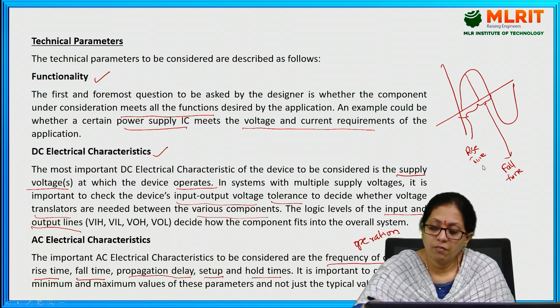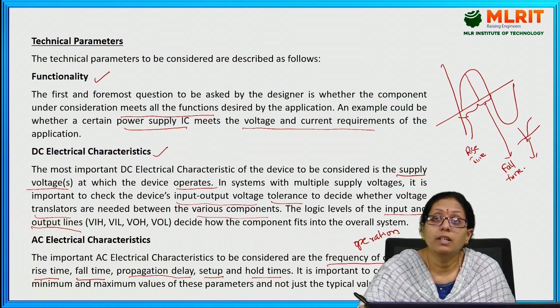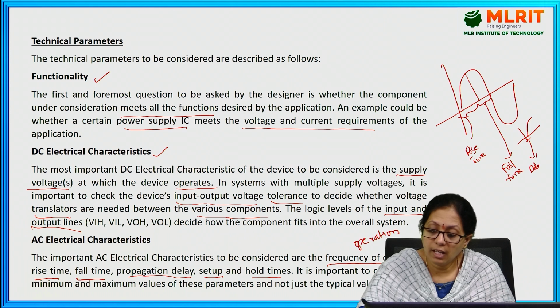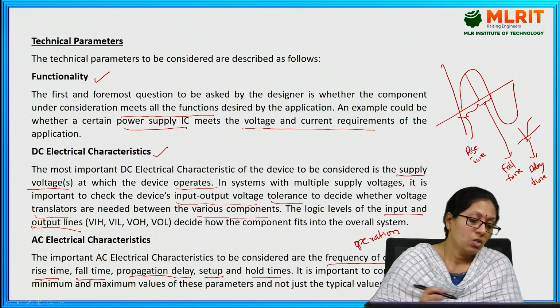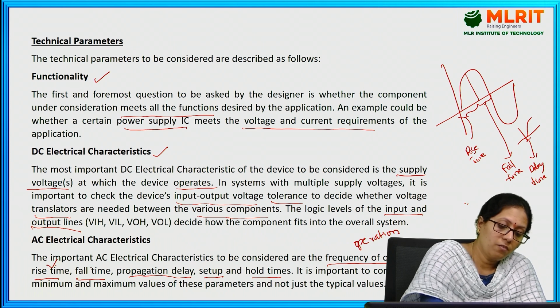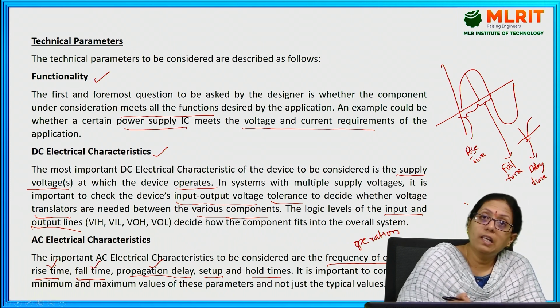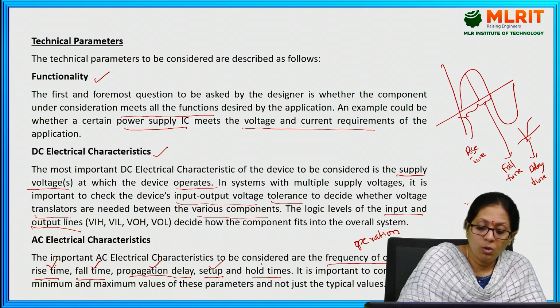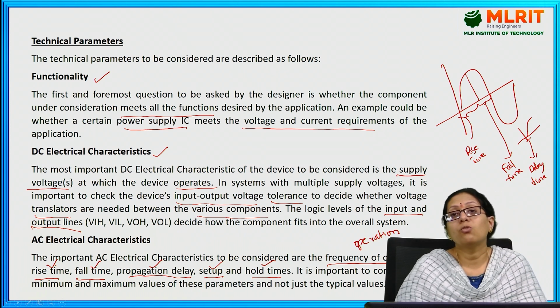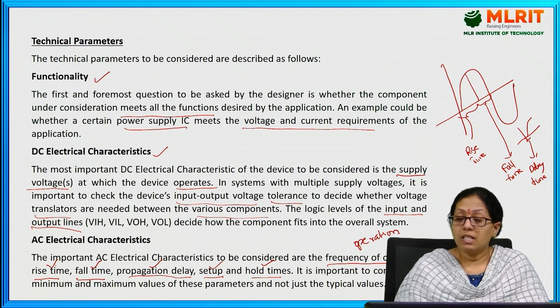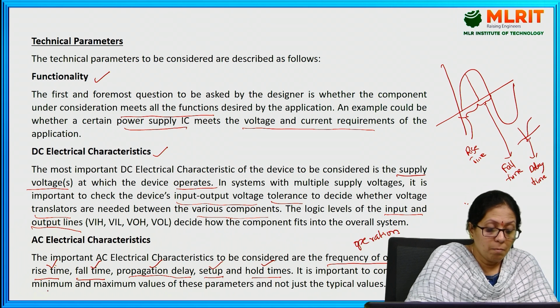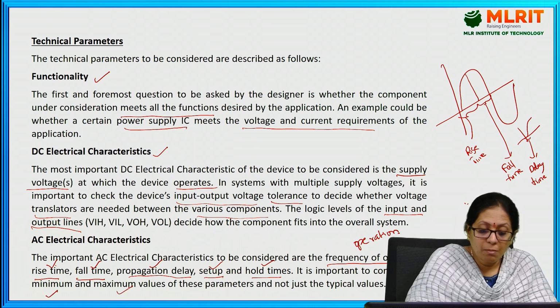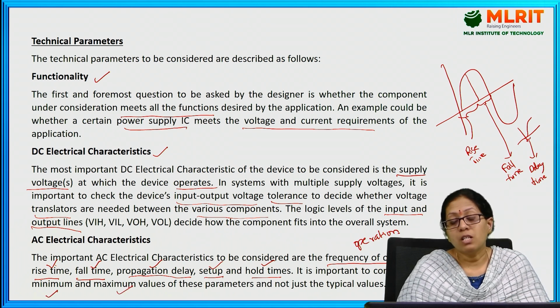If at all any delay is there, you will call it delay time. So rise time, fall time, propagation delay, setup and hold times, all these are to be considered in AC. It is important to consider the minimum and maximum values of these parameters also.